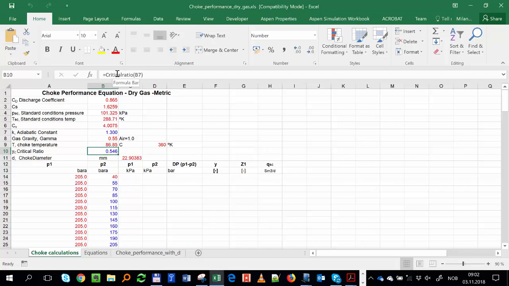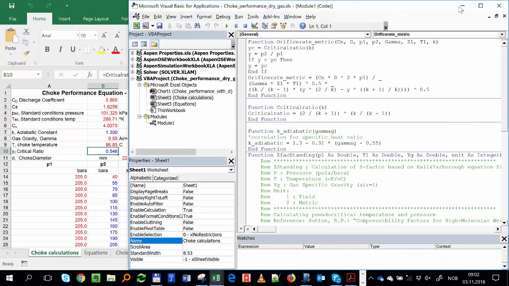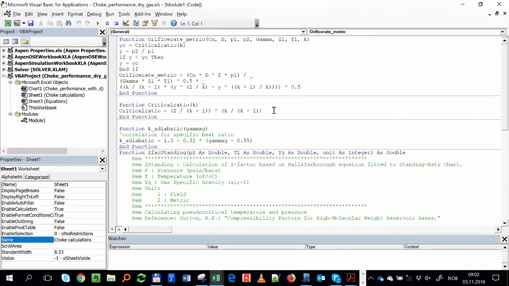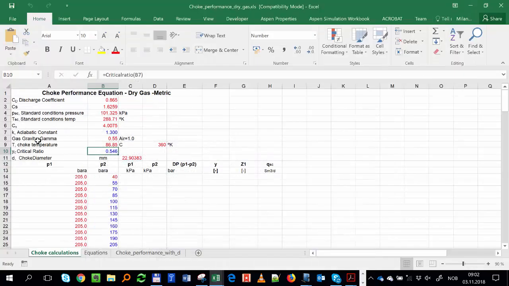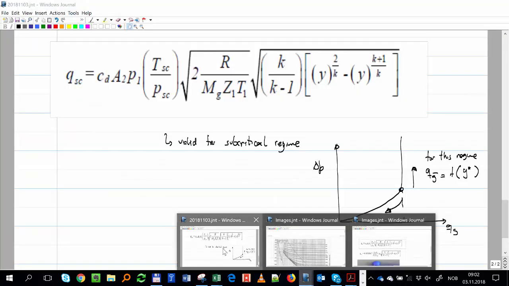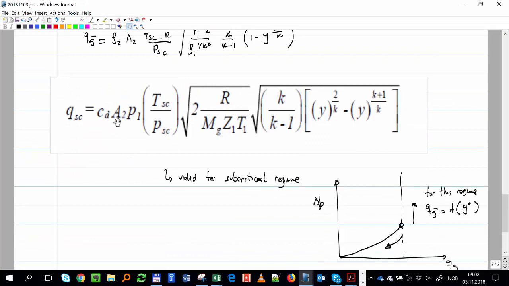Let's see the equation, Alt F11, and you see it's exactly the equation that I wrote: 2 over k plus 1, to the power k over k minus 1. Last class I told you it was a number around 0.5, 0.6, and in this case it's 0.546, as we expected. And you have the diameter of the choke, which is going to be used when calculating this A2.